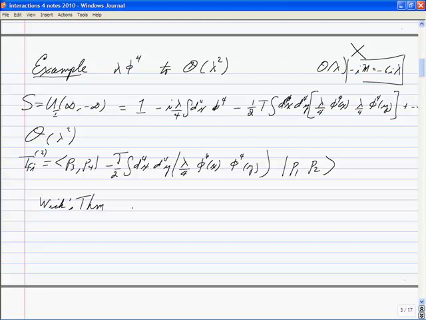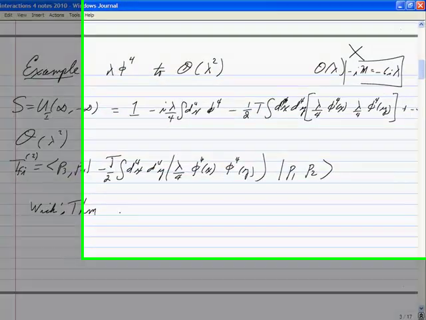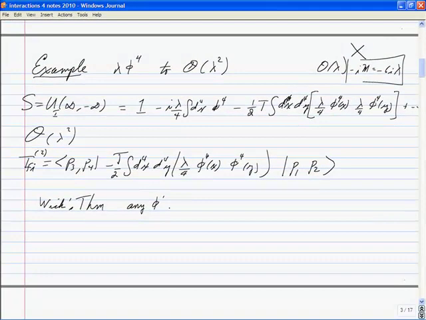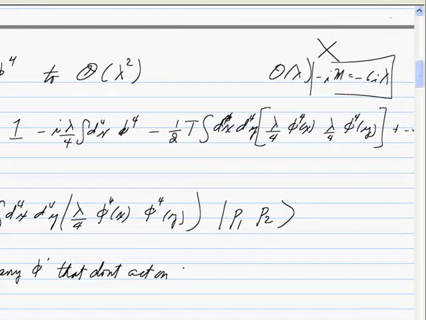And we talked about last time that any phi's that don't act on an external state end up in time-ordered products of propagators.